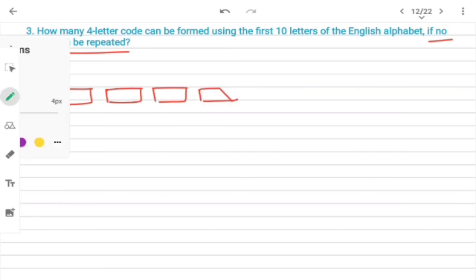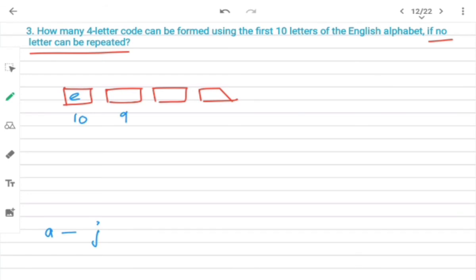Here I have an option of 10 letters to be placed in this first place. The first 10 letters means A to J, right? If I place here E, how many letters are left over?